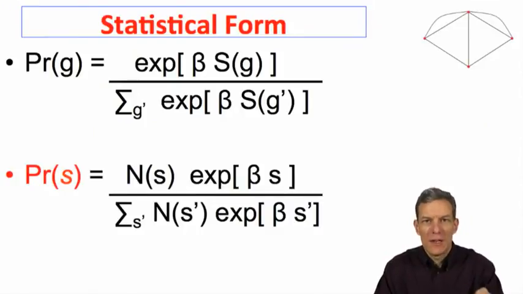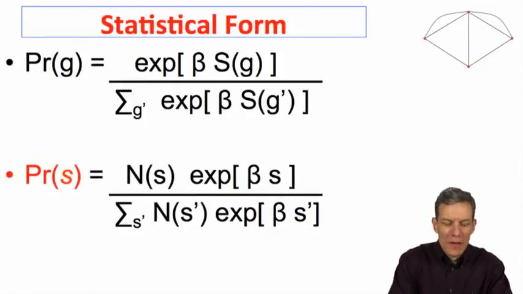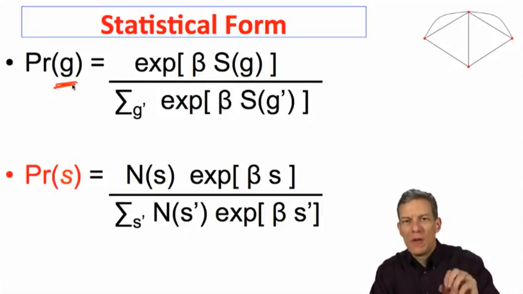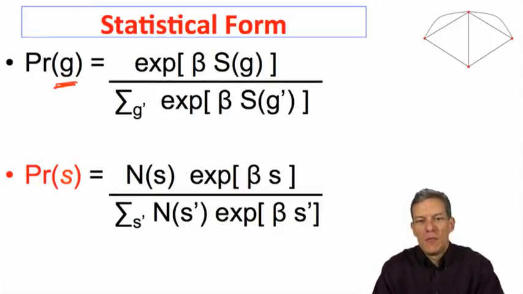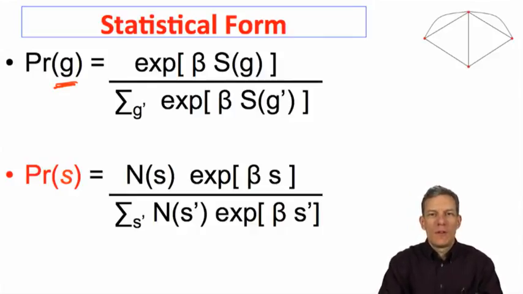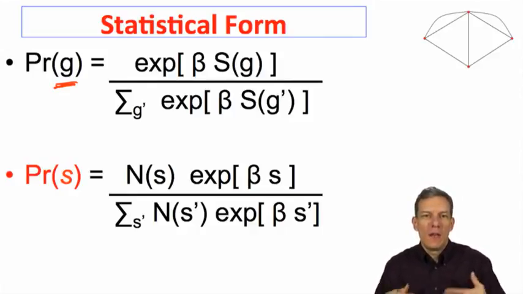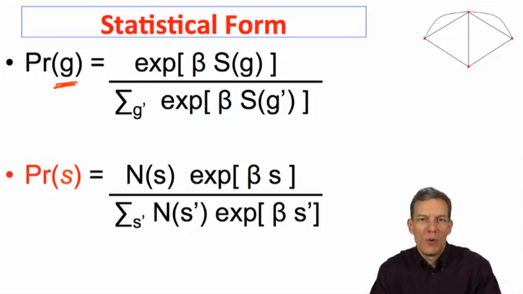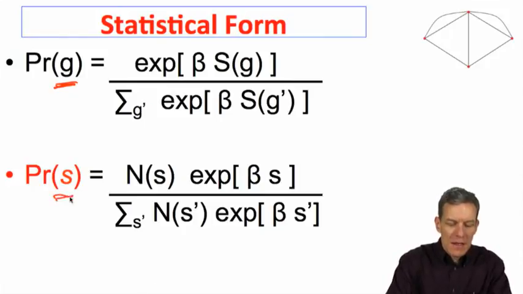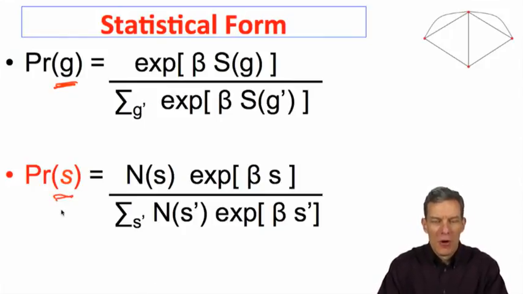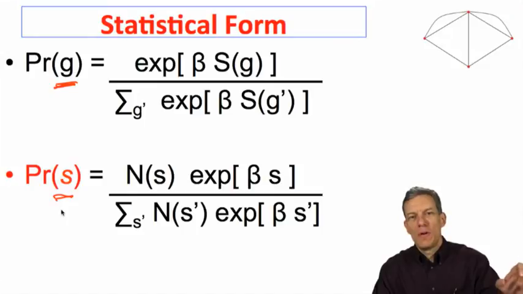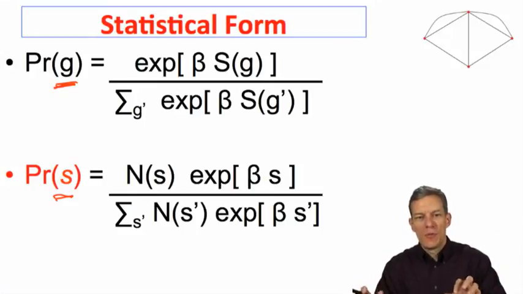Now the second part is that we might not actually care about the probability that we saw a particular network. If what is really important is the number of links and the number of triangles, then we can ask about the probability of a certain observation in terms of the statistic that came out. So what's the probability of seeing a certain number of links and a certain number of triangles?